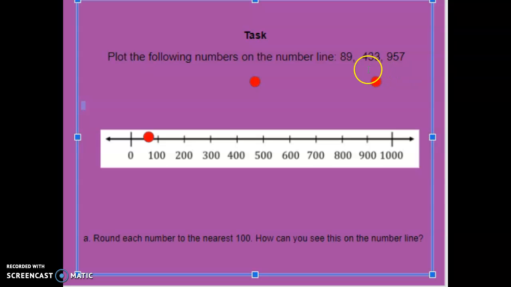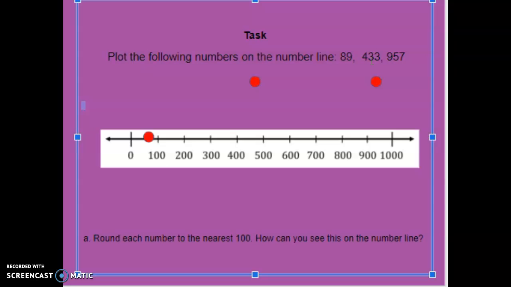The next number that we're going to do is 433. So if you look at this 4 here, we already know that it's 400. So that kind of gives you an idea of what hundreds it's between. It's between 400 because of this 4 here and 500 because that's the next 100. Now, right between those two is 450. We've got to decide, is 433 greater than 450 or less than 450?